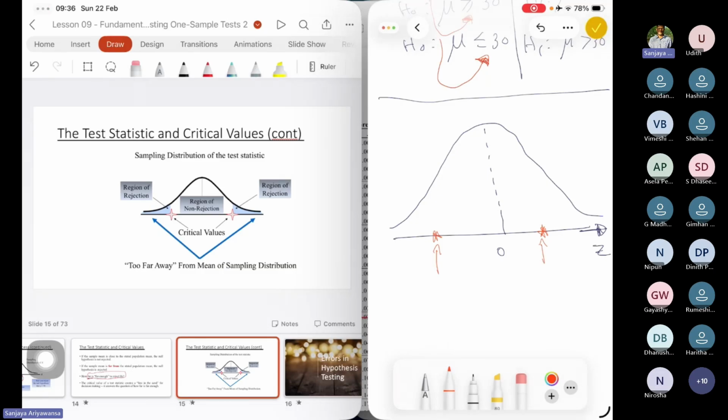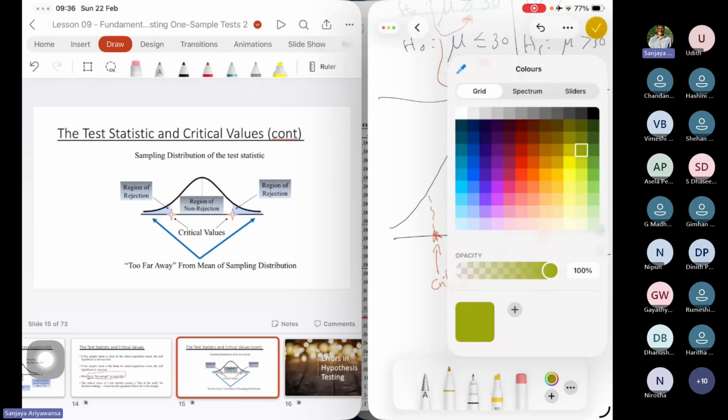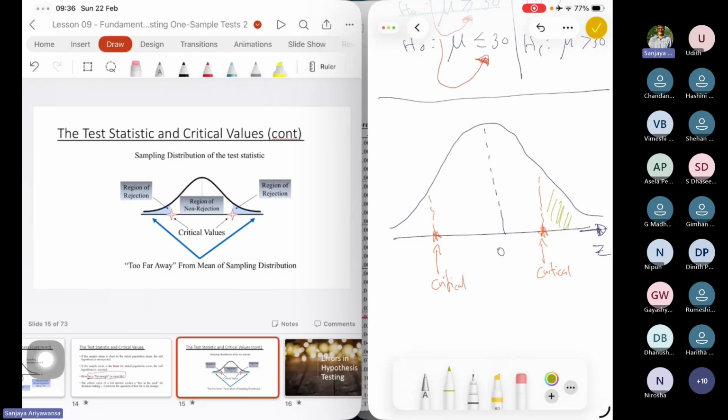These are two critical values, because from those two critical values we can develop a region, right? So we are developing a region: this region more than the critical value and this region less than the critical value. These are two regions where we reject our claim, reject our claim H0.